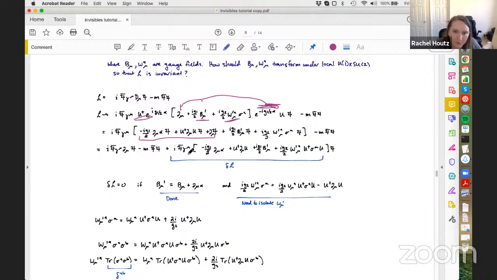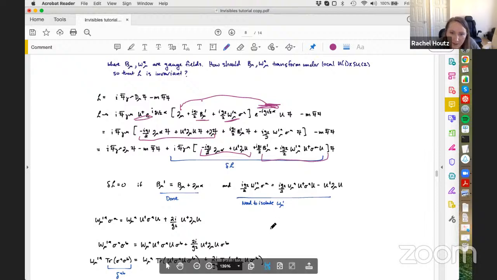And so we can gather everything together in terms of delta L, where this is like the answer to part A, and these are the new terms. And if we want delta L to vanish, we can set B mu equal to this part. So these prefactors will cancel because they're equal and opposite, and the whole terms will cancel as long as B mu prime transforms like this.